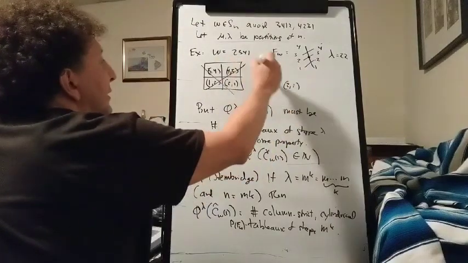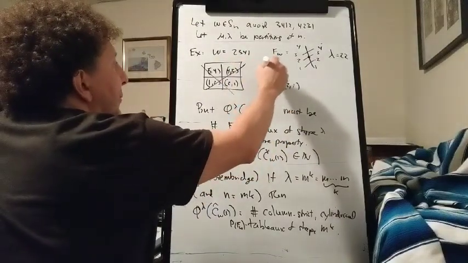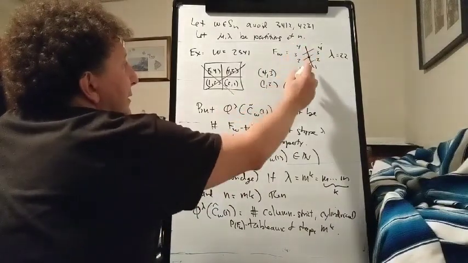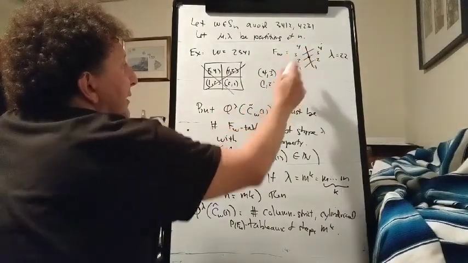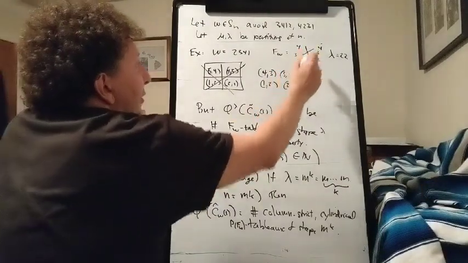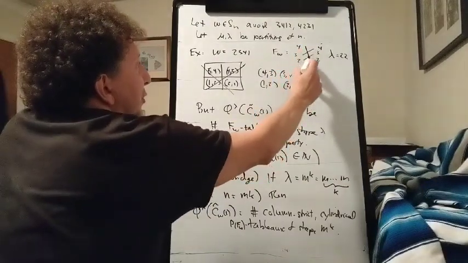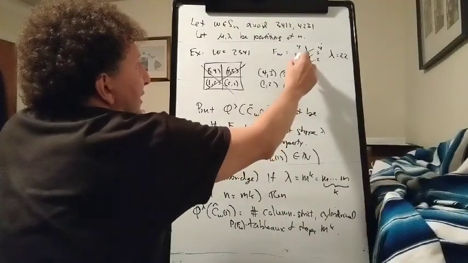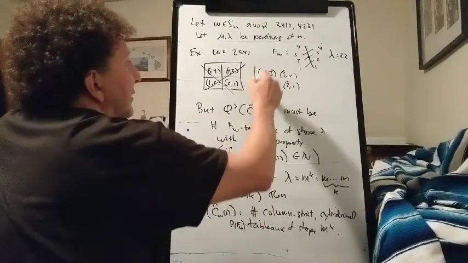But if we switch these paths on top, when 1 goes to 2, it doesn't hit 4 going to 3, because 1 goes to 2 doesn't go that high. And then when 3 goes to 4, it doesn't intersect 2 going to 1, because 2 going to 1 only goes as high as this vertex, but 3 going to 4 is above that.